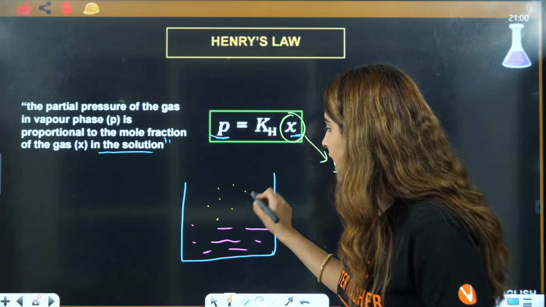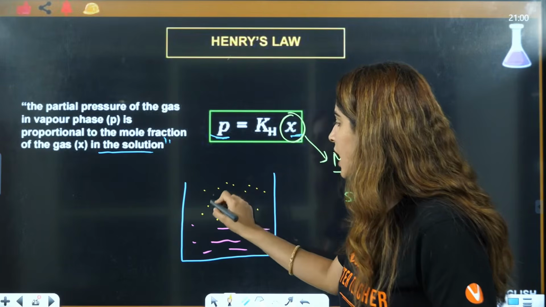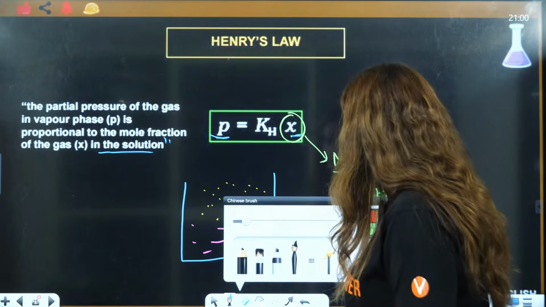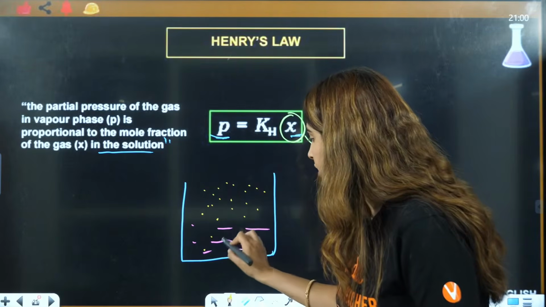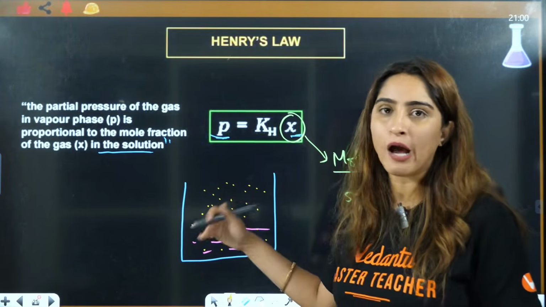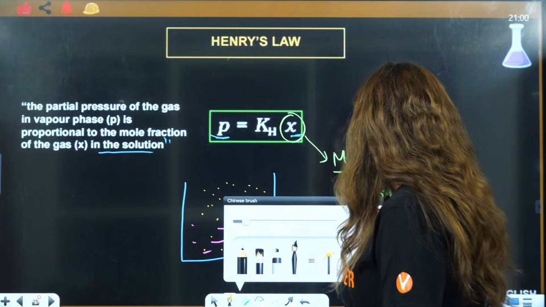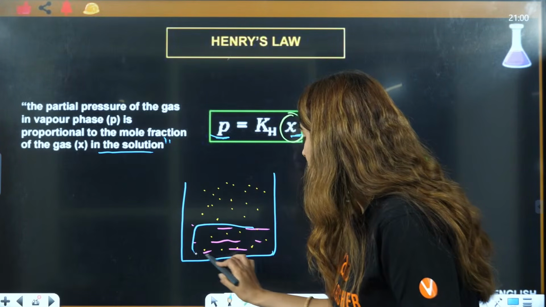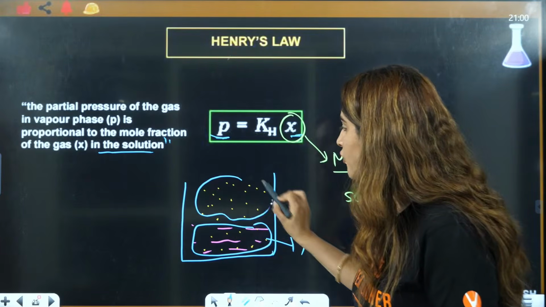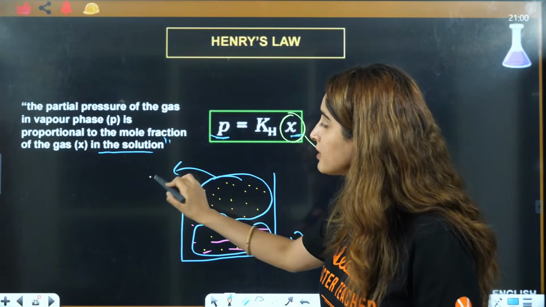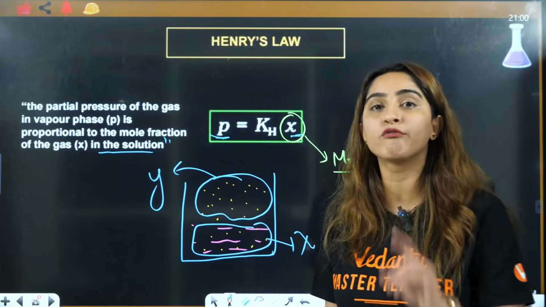Let's say you have this gas here, right? Now, he is saying that some amount of gas will be in the solution, some amount of gas will be outside the solution, right? He is talking about this amount of gas that is inside the solution. This amount of gas that is not inside the solution, that mole fraction is defined by Y, right?